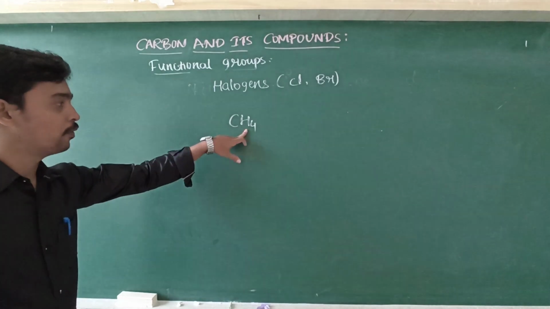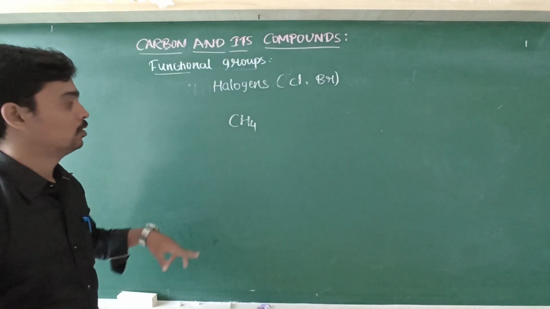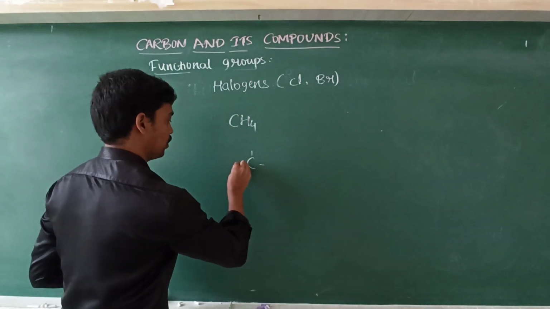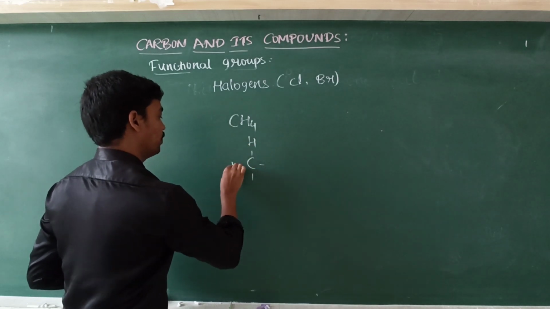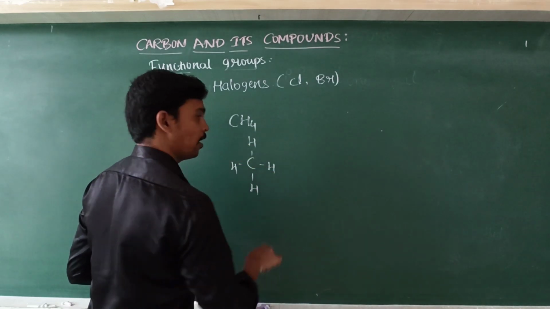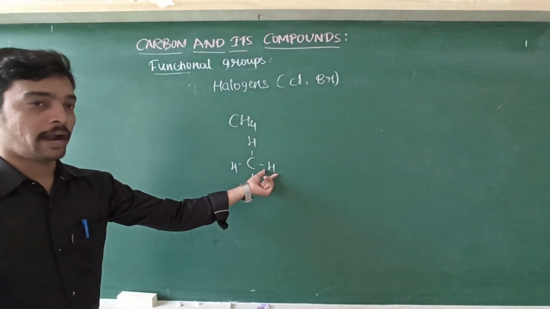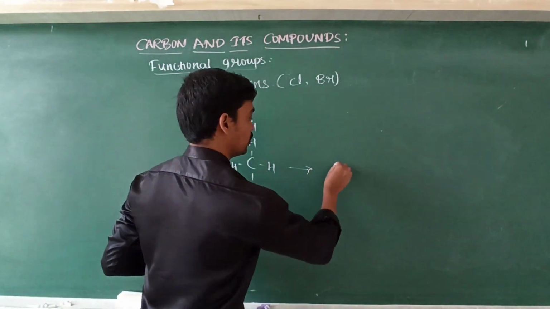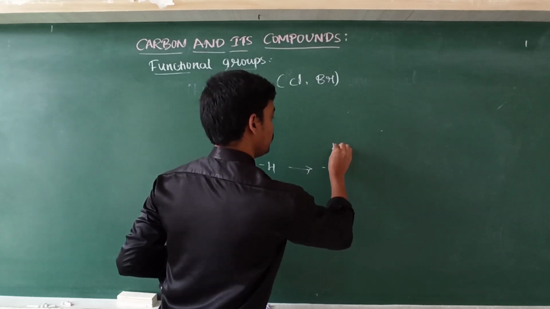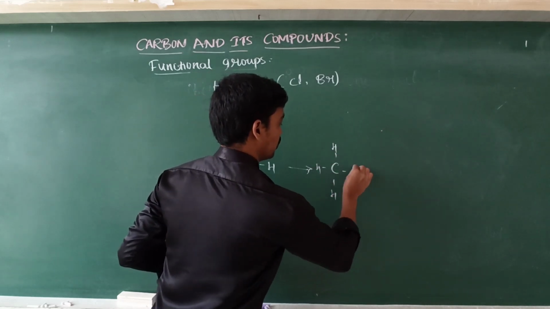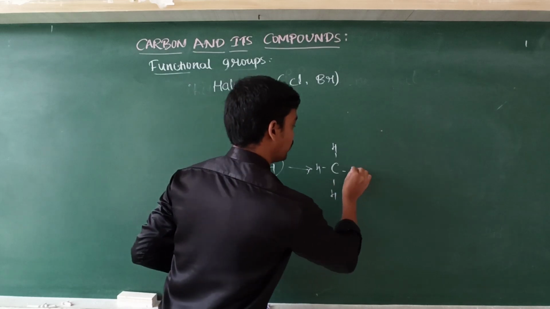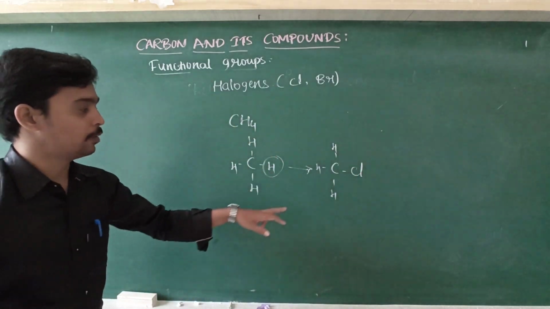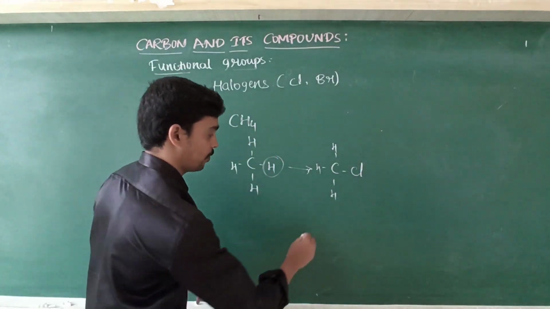Here carbon is bonded with 4 hydrogens. Just replace 1 hydrogen with the chlorine, and it becomes chloromethane.